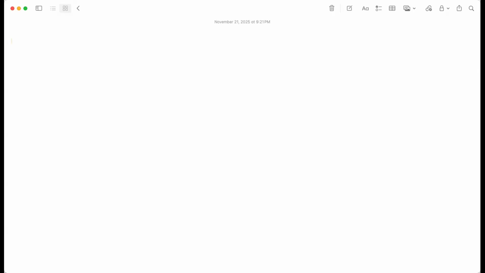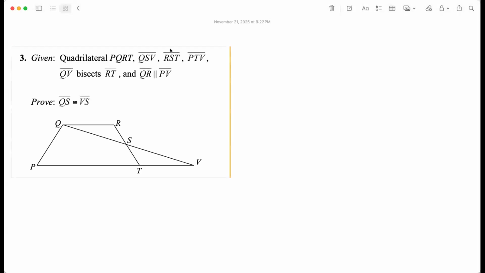I don't have the answers for these. Let's see. I just want a bigger picture though. How about this? That seems hard. I don't know though. Quadrilateral PQRT. QSV, RST, PTV.